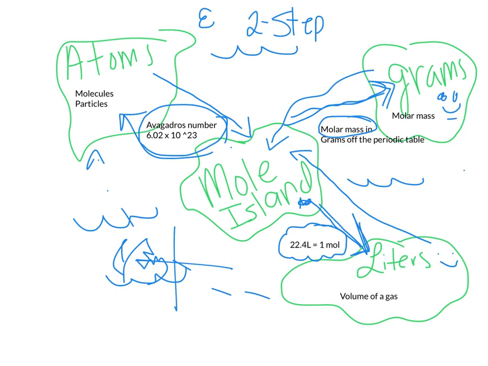You want to do an extended stay. Well, let's say you'd like to tour the gas island. Then what you must do is first go on to Mo Island and then proceed on to Leether Island to go from grams to liters.